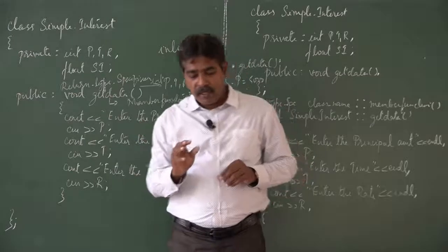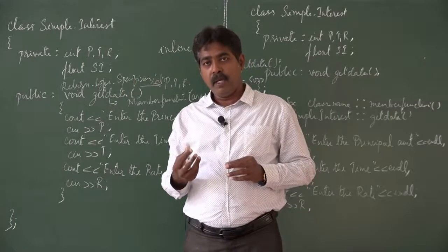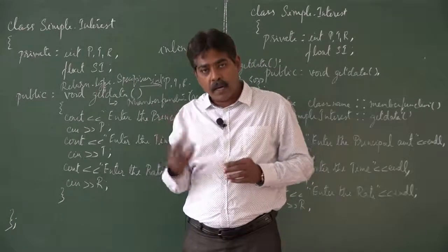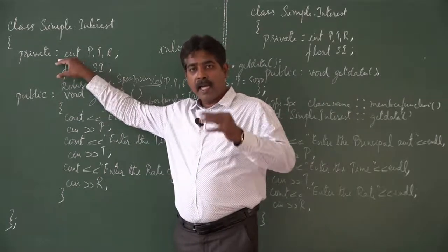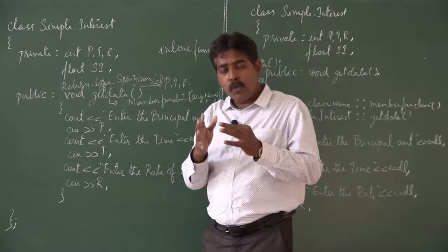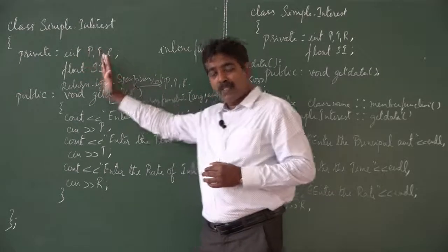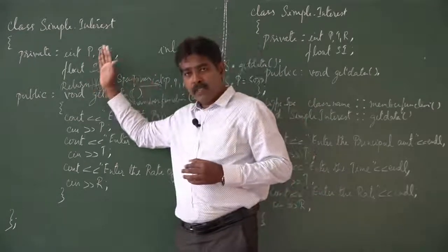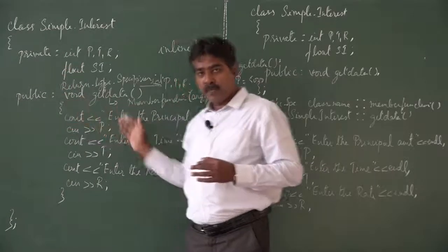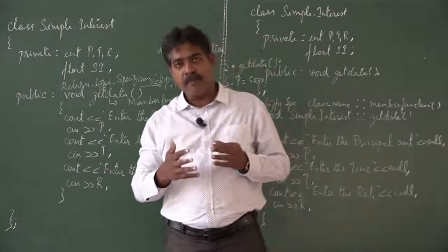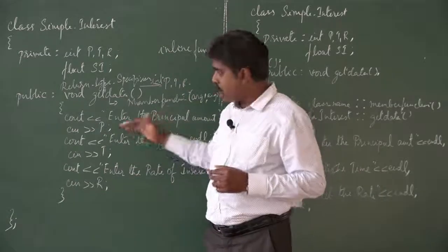Rather, whenever we want to bring the concept of encapsulation, the concept of data hiding, we need to use the access specifier private. When we don't want members to be accessed outside the class, we write these members under private. Likewise, public can be accessed, because some members we need to be accessed outside. That's the reason there is public.